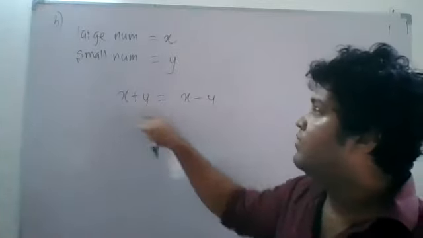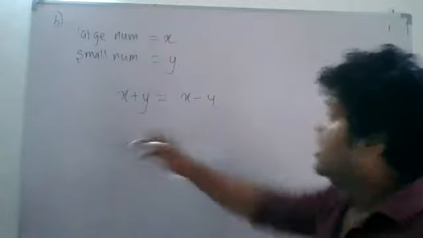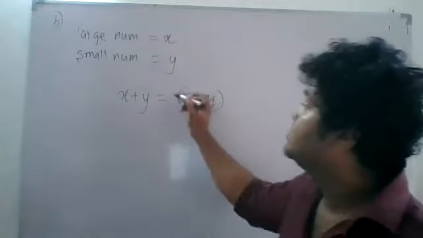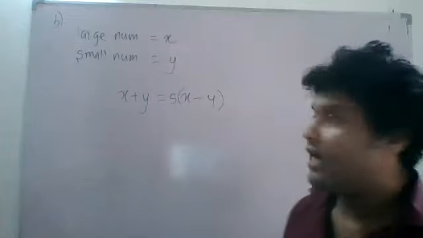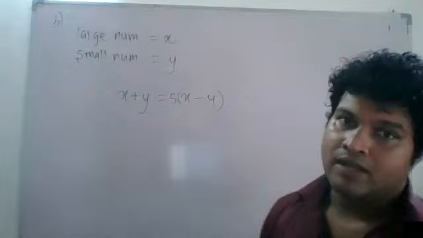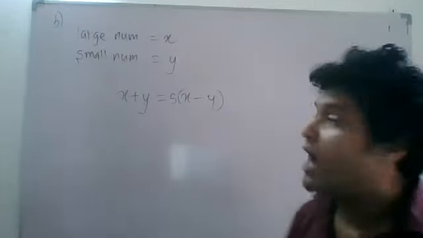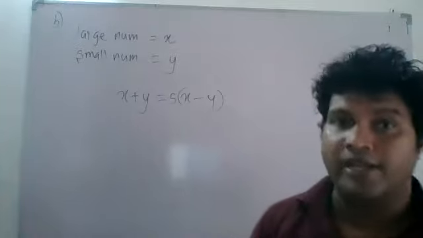The sum of two numbers is equal to 5 times the difference. Right? That's what we had to write in the first equation. Now still we haven't built up the simultaneous form. Then we have to remove the brackets and find the simultaneous form.